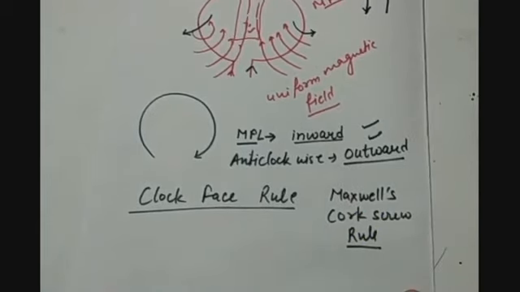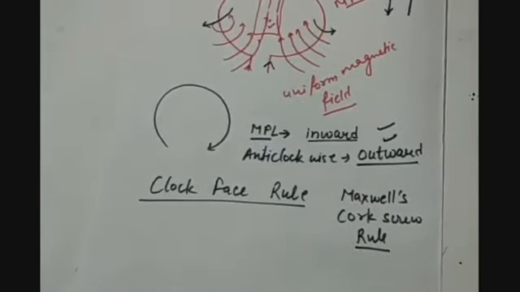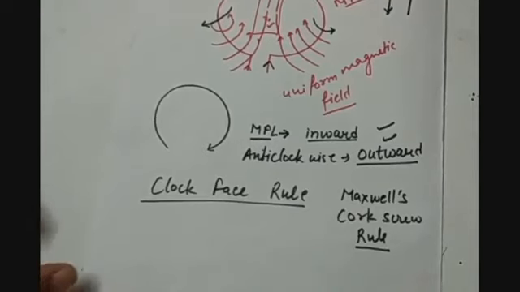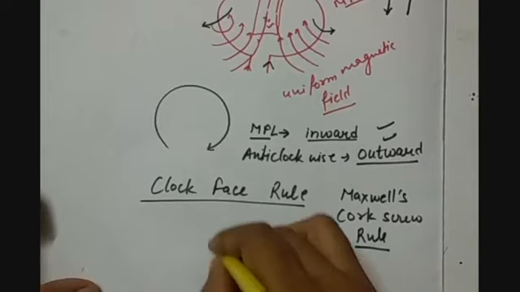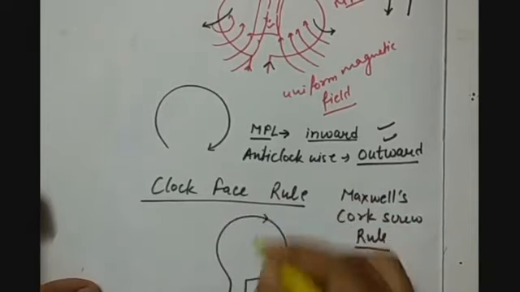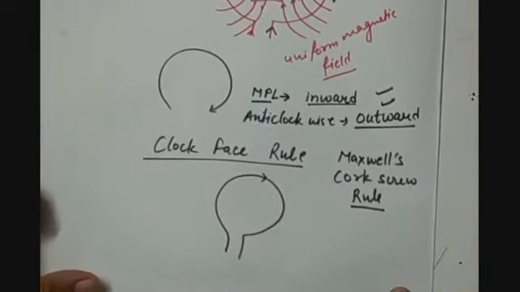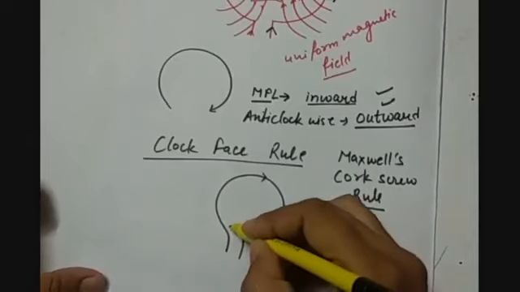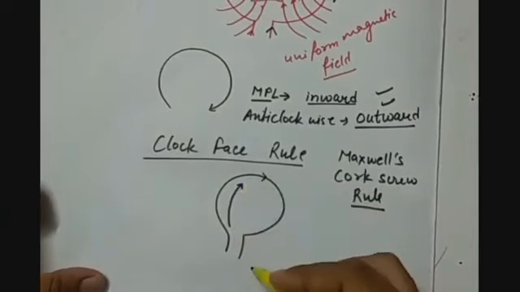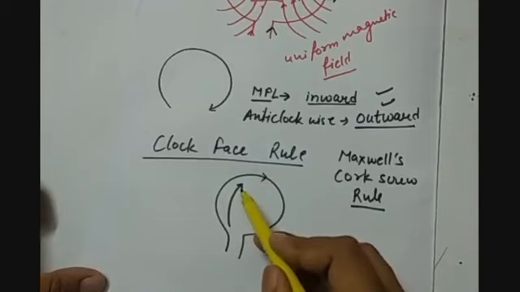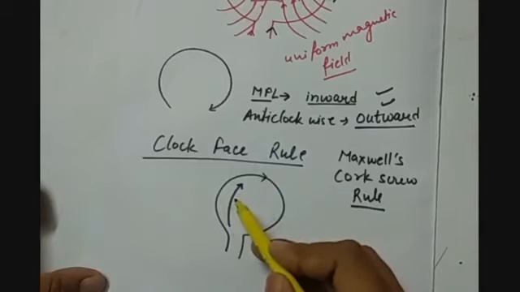So dear students, what is happening here in the clock face rule? When you see the circular wire in such a way that the current is flowing in the circular wire in clockwise direction, then first the current is flowing upward. The arrow is indicating the direction of flow of current.